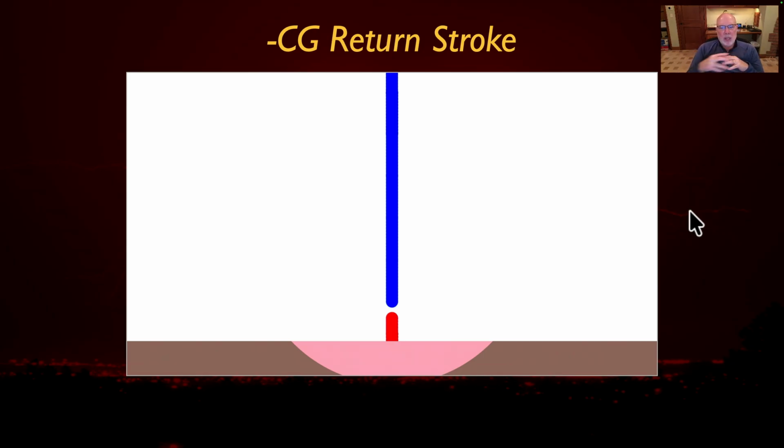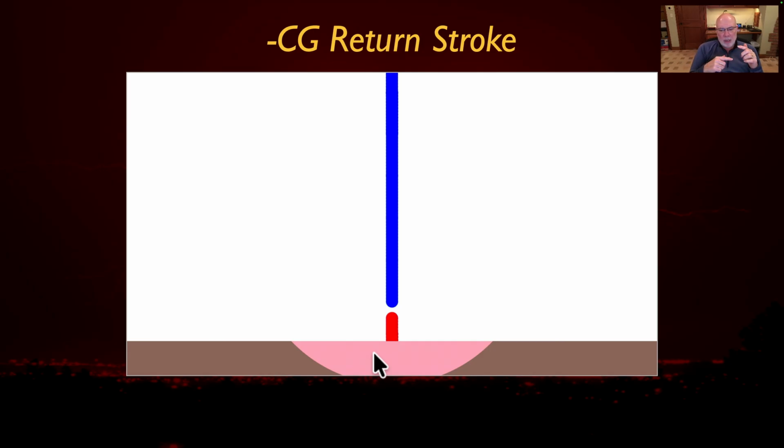Again, you have a negative leader that's coming down, and instead of just reaching down and touching the ground flatly, what happens is, as you bring this excess of negative charge, or negative electrons, downward towards the ground, and we continue to break down the air, the electric field between the negative leader and the ground strengthens due to induced charge, because the electric field is greater due to the shorter distance.